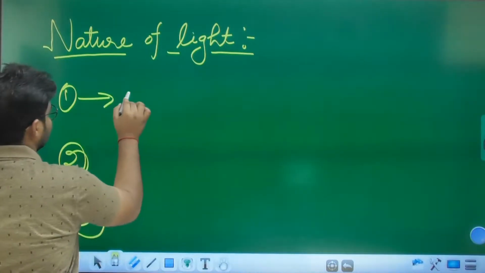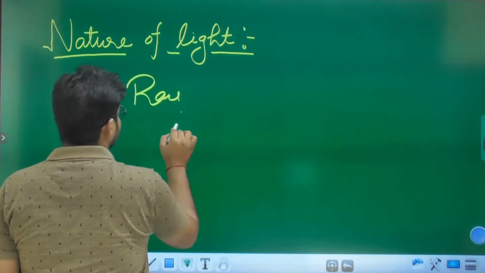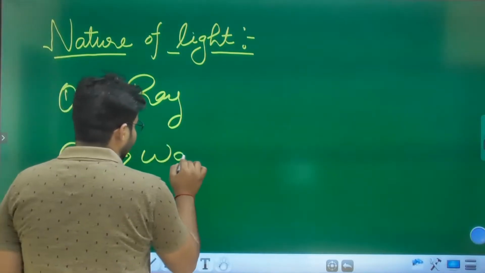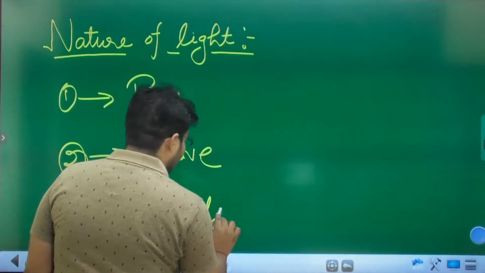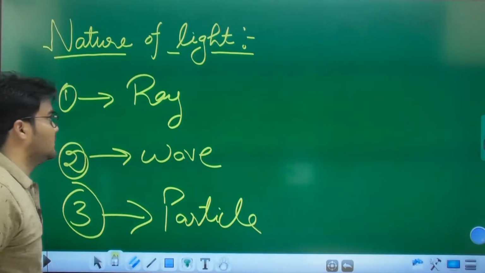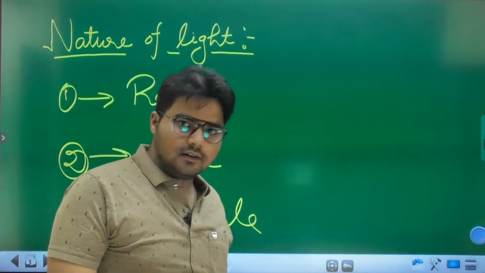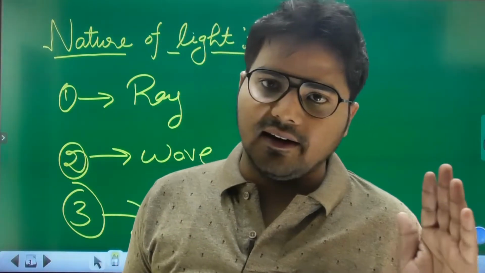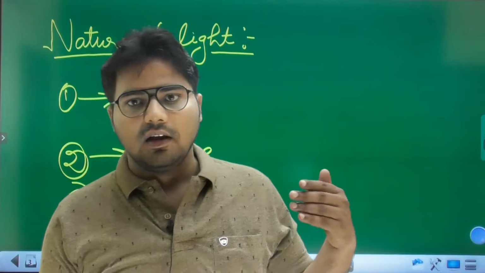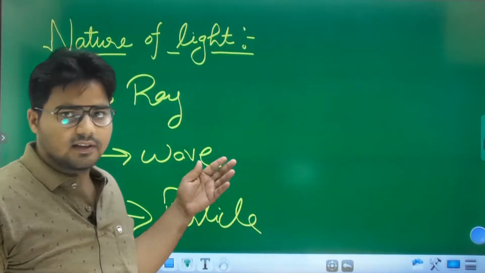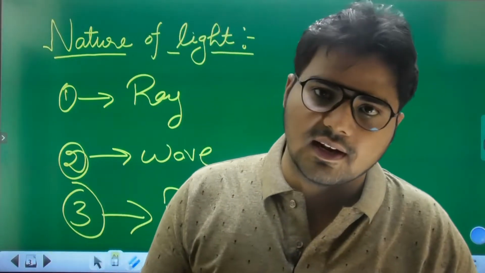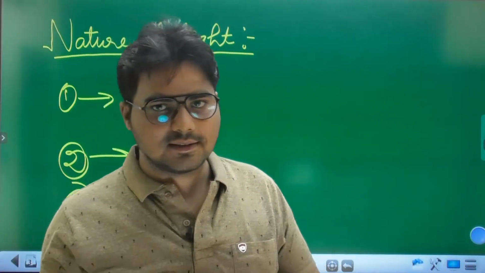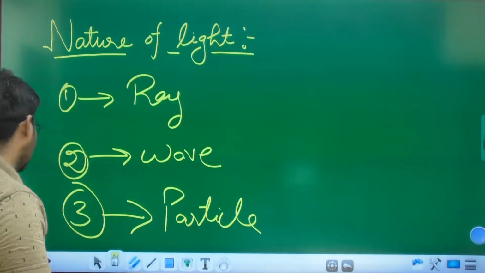First one is ray type, then how light travels as a wave pattern, and as a particle form. Clear? Most of the phenomena are different in each nature of light. When we consider rays, different phenomena are there, and when we study the wave nature of light, different phenomena are there. Let us study one by one.